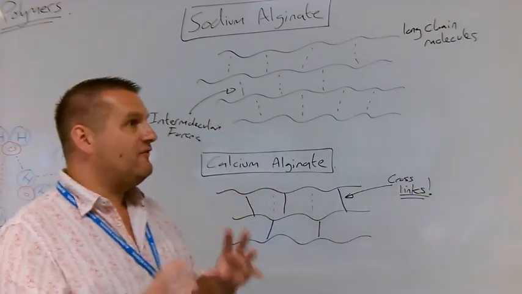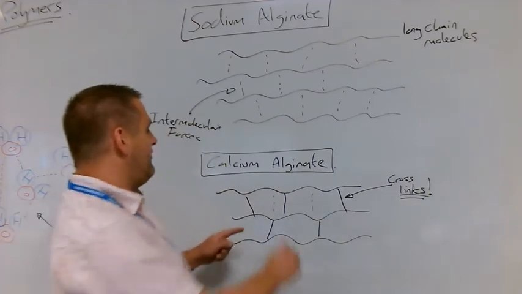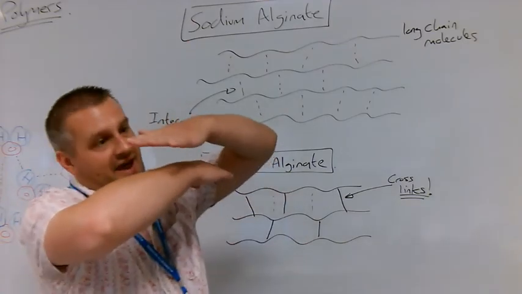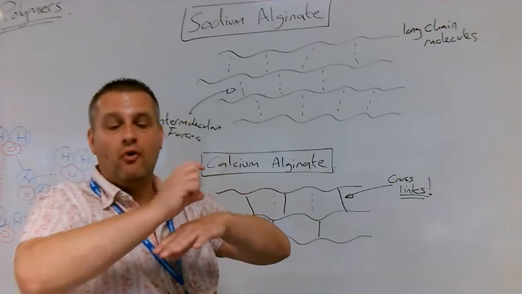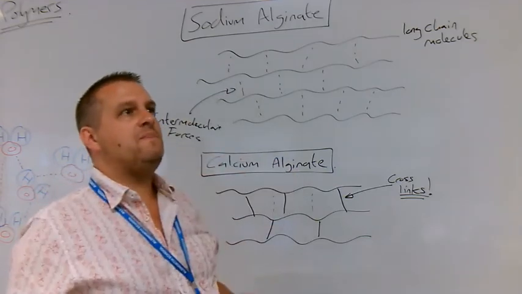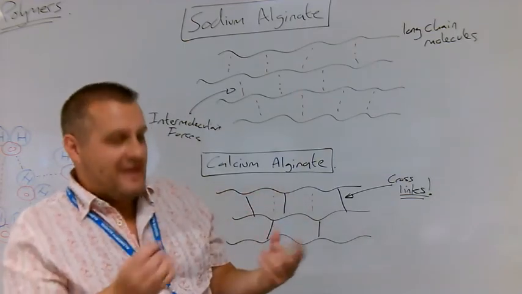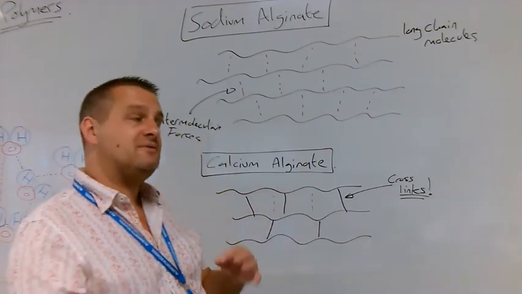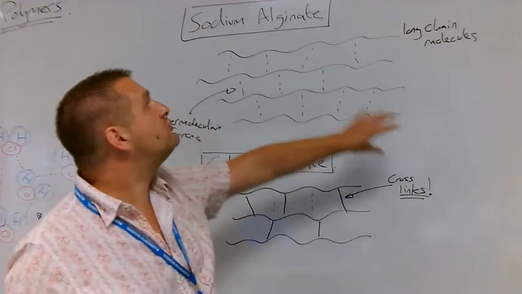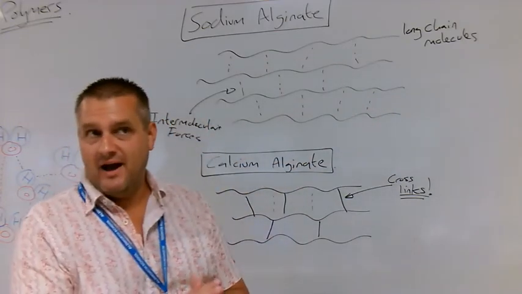If we remember, covalent bonds themselves are very strong, and therefore that means these chains have got a proper strong force holding them together, and therefore it's much stronger. And in this case, you made a sort of wormy, rubber-type texture, as opposed to the much softer texture that sodium alginate had.